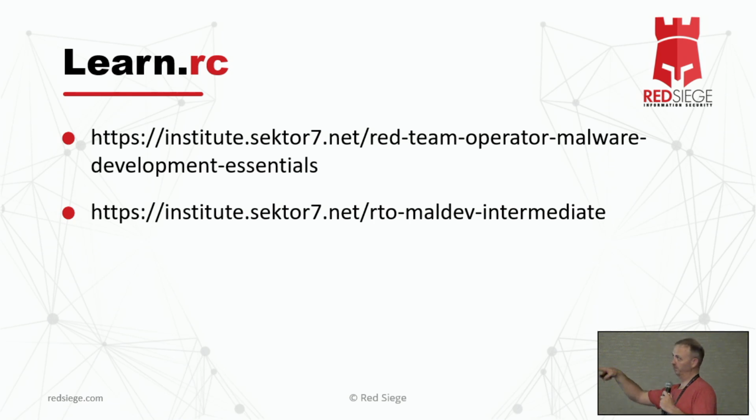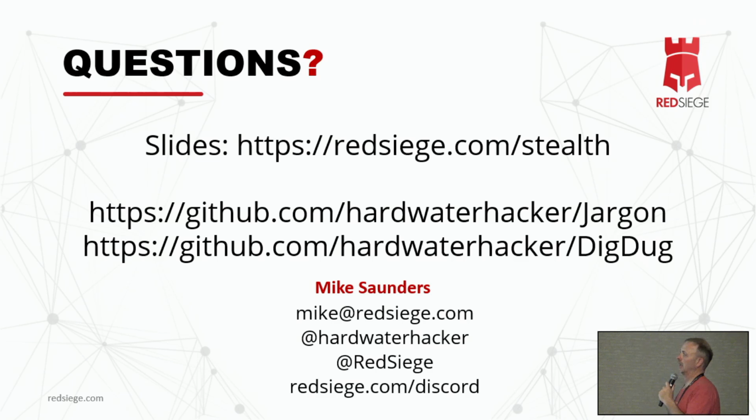Really great resources. I am not associated with Sector 7. People just ask me, well, where can I go to learn this? And these are great resources for fairly cheap. So I encourage you to take a look at it.